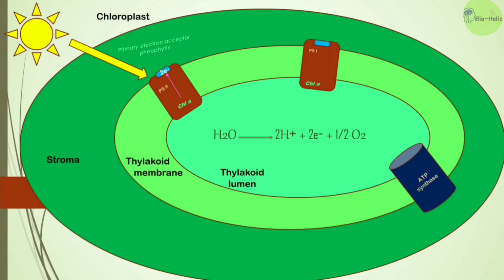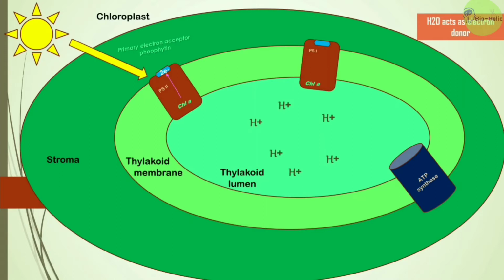This process is known as photolysis. By the water splitting, oxygen is liberated as byproduct and electrons go to replenish the PS2 reaction center, and the H+ ions get accumulated in the lumen. So here H2O or water molecule is acting as electron donor.